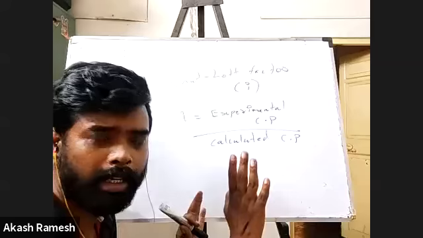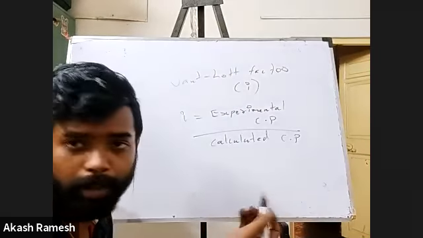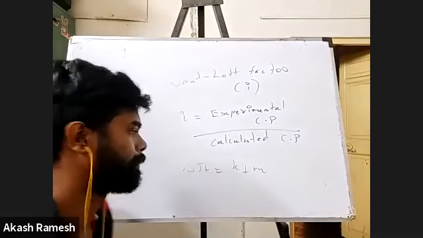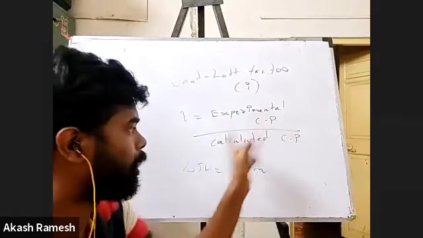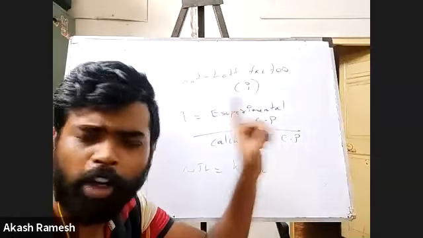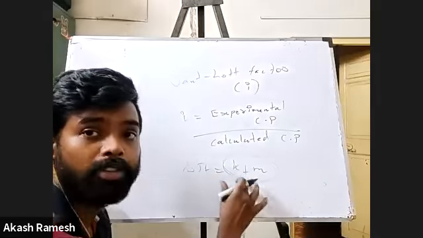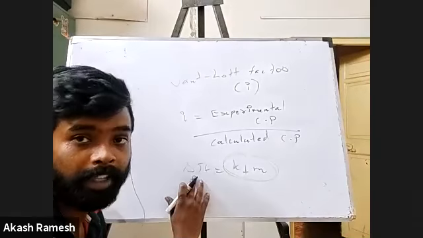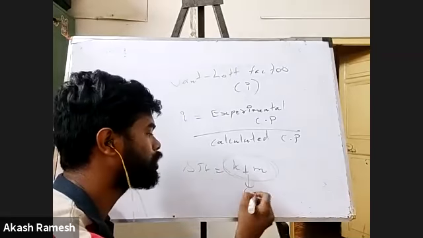Say I take any of the colligative properties, say depression in freezing point, delta Tf is equal to Kf into m. Now, what do you mean by experimental? What do you mean by calculated? Please understand, people. Kf into m is the formula to calculate delta Tf. Now, this Kf into m is what is my calculated.